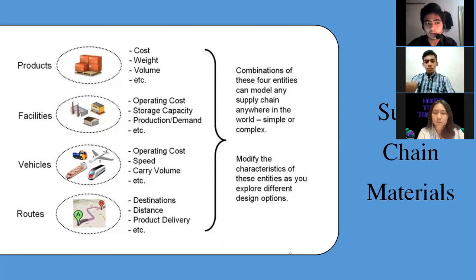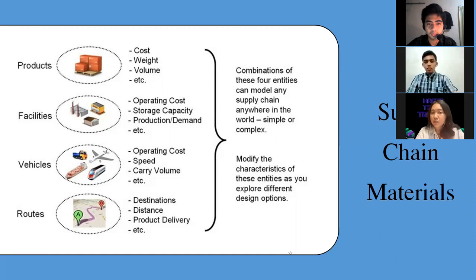And second, there are facilities that operate as storage and production or demand. The next one is vehicles. Vehicles contain operating costs, speed, carry volume, etc. And last but not least, routes.